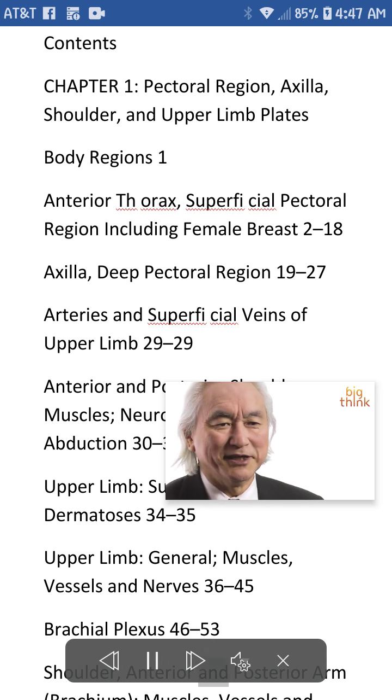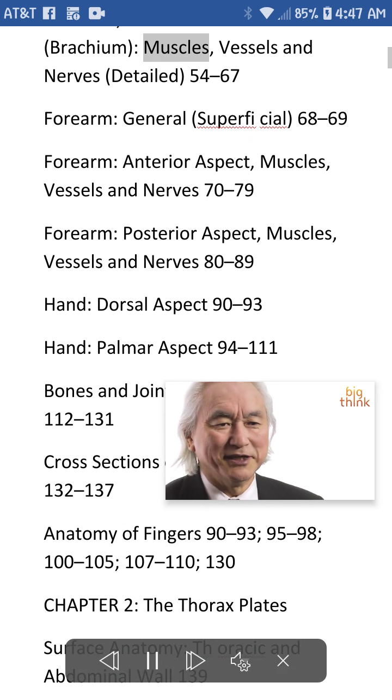Shoulder, anterior and posterior arm, brachium muscles, vessels and nerves, detailed, 54 to 67. Forearm, general, superficial, 68 to 69. Forearm, anterior aspect, muscles, vessels and nerves 70 to 79. Forearm, posterior aspect, muscles, vessels and nerves 80 to 89. Hand, dorsal aspect 90 to 93.